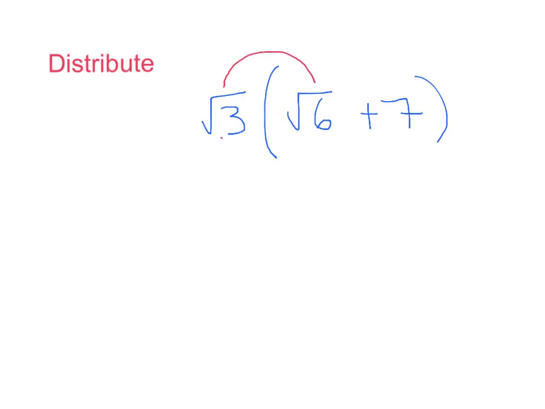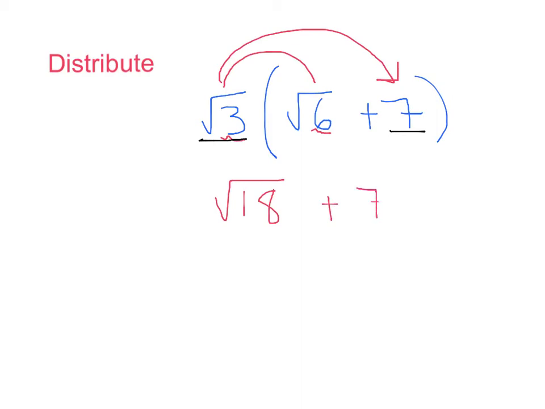Now, because they're both square roots, we can actually multiply 3 times 6 to get the square root of 18. And then now, when we multiply the square root of 3 times 7, since this number is underneath the square root and 7 is not, we can't actually multiply 3 times 7. We just have to simply write it as 7 square root 3.